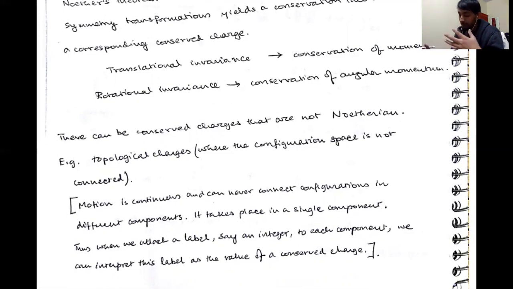So what do I mean by this? I have written something down here, but let's not go into this. I can of course say more about this if you have any questions. It's not necessary that conserved charges all have to be Noetherian at the end of the day.